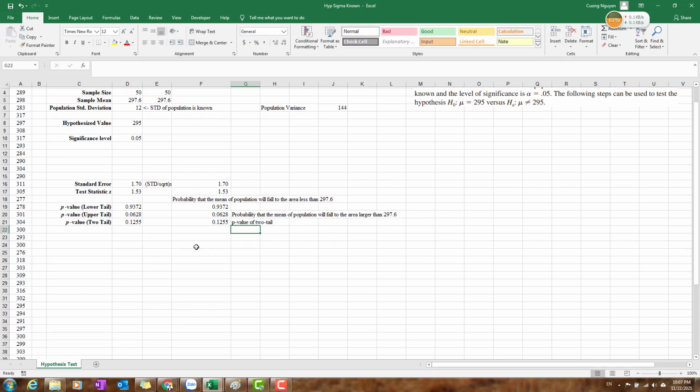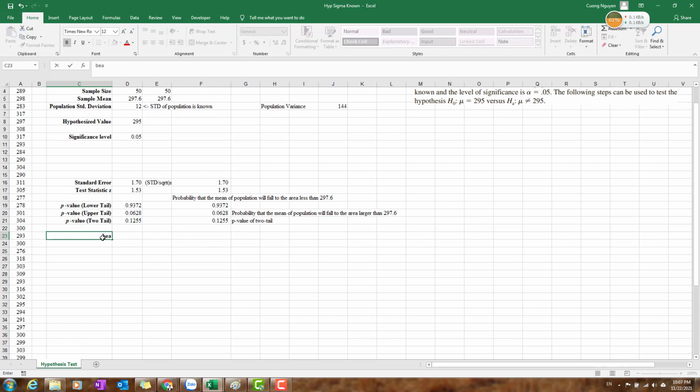Okay, and based on this one, the p-value, let me see, is equal to 0.1255, and it's larger than the significance level of 0.05.